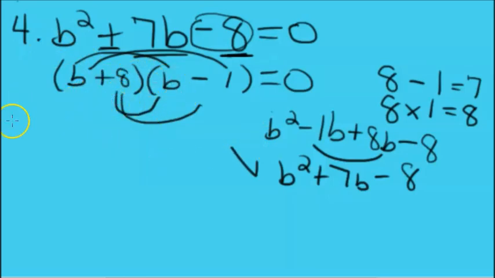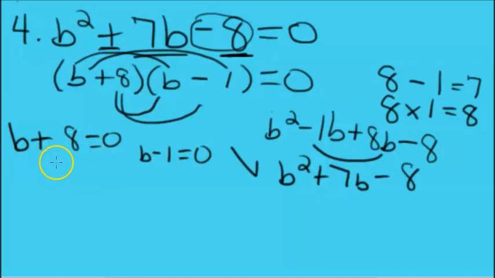So now we set these two sections equal to 0 and solve for b. So we have b plus 8 is equal to 0, and b minus 1 is equal to 0. Let's start with this one.